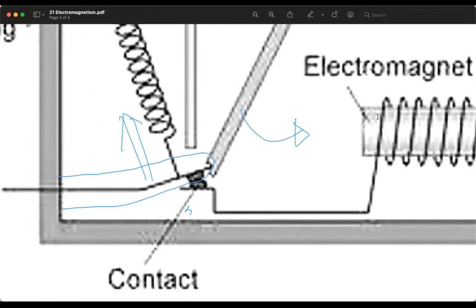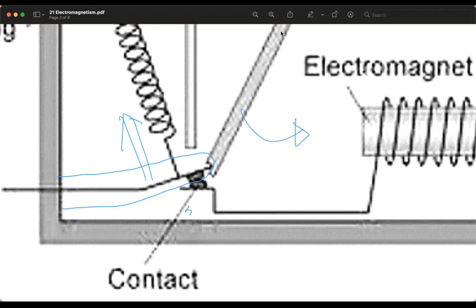Is that clear? Is everybody able to see that now? Oh, it took me a while. Okay, and then what happened is when it is being pulled away, when the contact is being released, the current is broken, right? Then the electromagnet will no longer be an electromagnet.